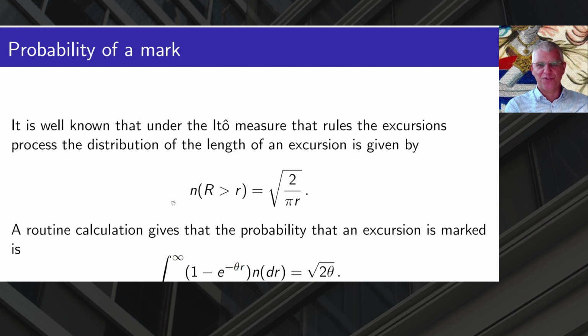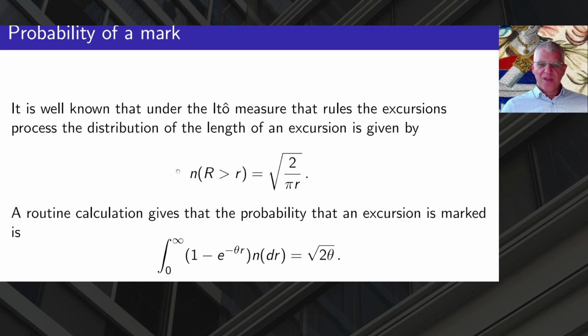It is much easier to prove than to prove that marked Poisson processes are independent and to derive the intensity of those Poisson processes. Now, the theory of Brownian motion tells you the probability that the length of an excursion is bigger than r. That is one projection.